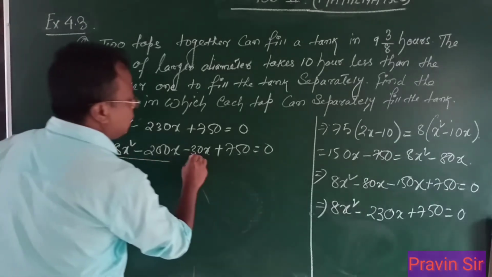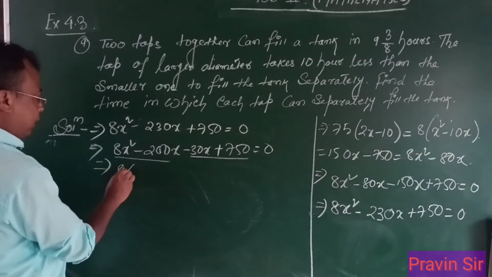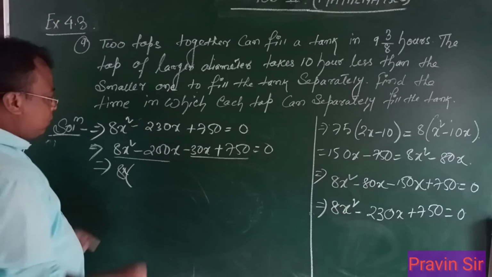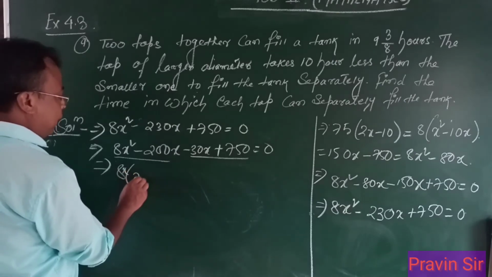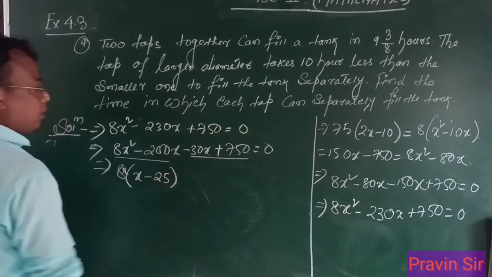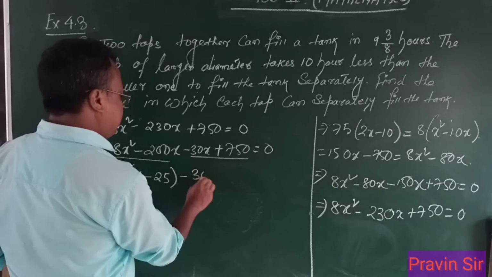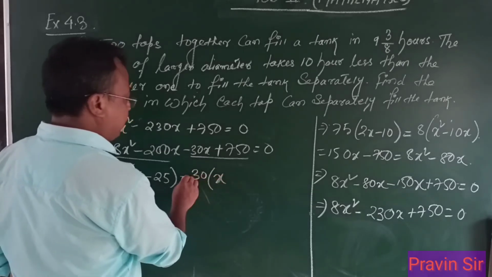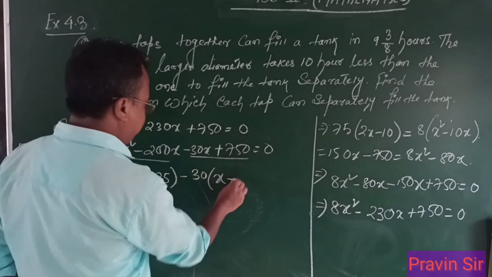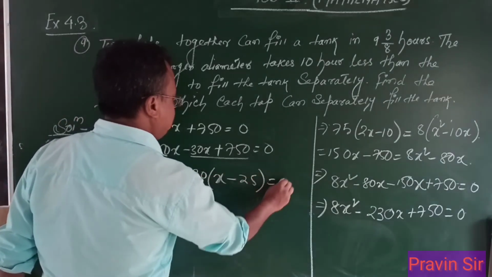Up to this part, 8 I can take common, and x also I can take common. 8x, then here x will remain, 8x minus 25 is 200. Here minus 30 you can take common, so minus 30 into (x minus 25) is 750, is equal to 0.